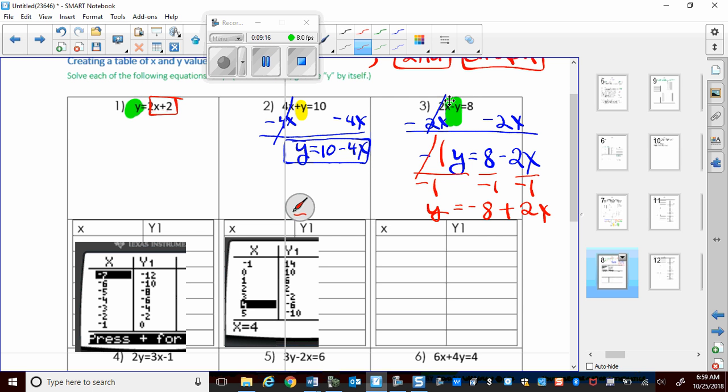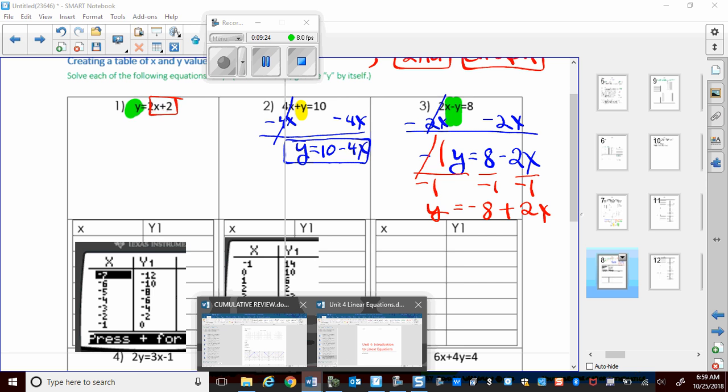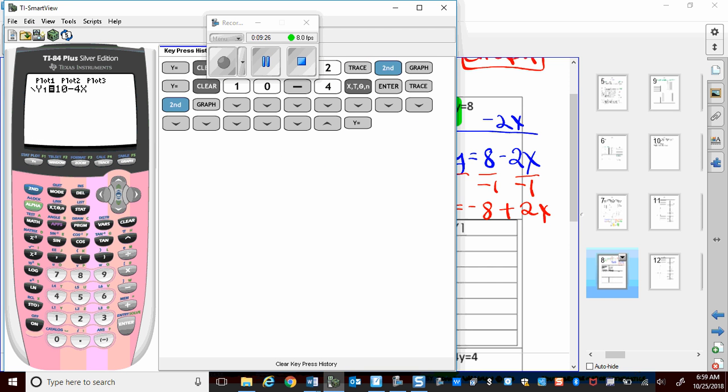Here's the equation that I put in my graphing calculator to get my table of values. So, come over here, go to y equals, clear what's in there out, write negative 8 plus 2x.